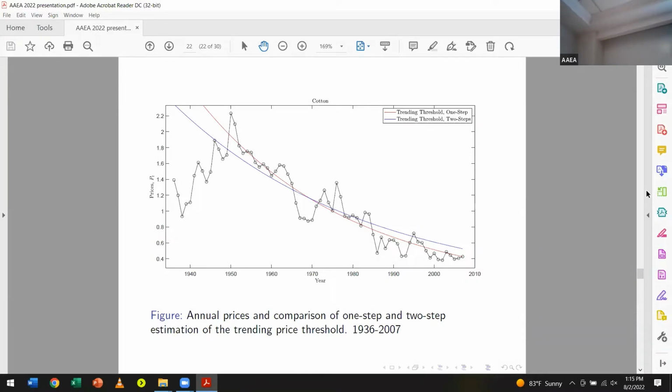For example, for cotton, this is a very nice picture because it shows that if you do preliminary detrending, which I would say is the most popular way to do econometrics with commodity prices, you estimate a trend which is lower, the blue, than the steeper trend that you estimate using this one-step procedure that we're using in this paper. Why lower?